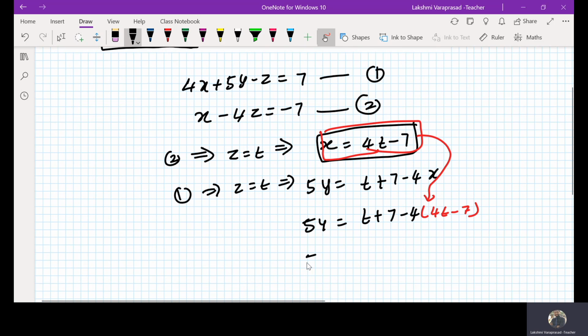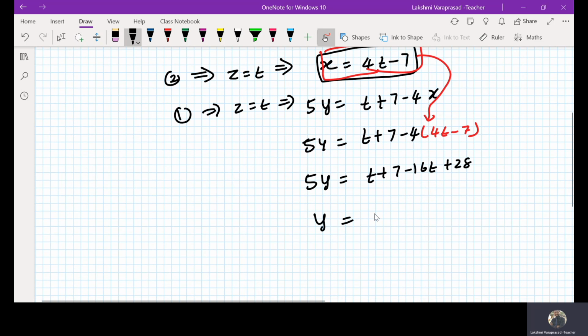Now 5y is equal to t plus 7 minus 16t plus 28. So 7 plus 28 is 35, and 5y is equal to 35 minus 15t.